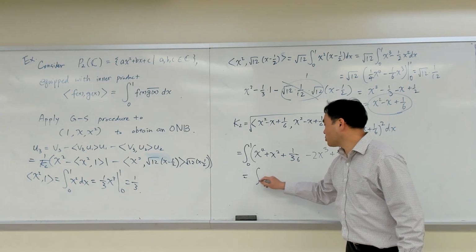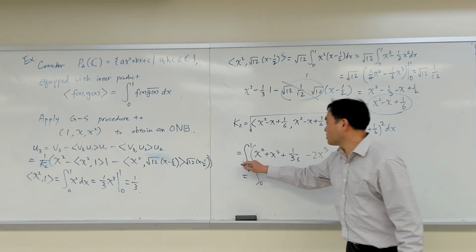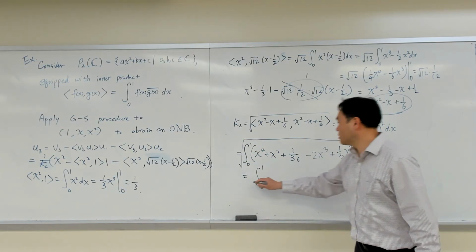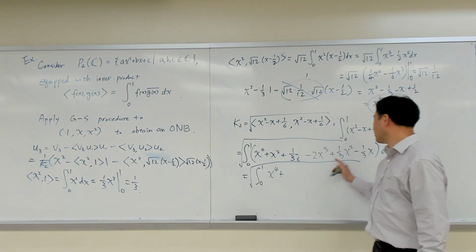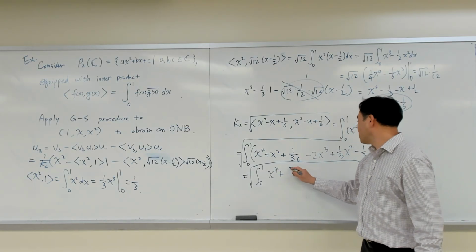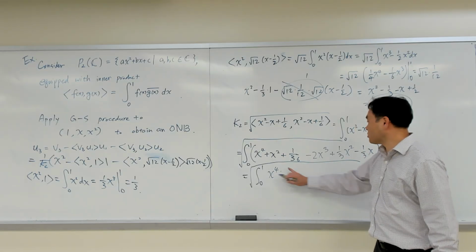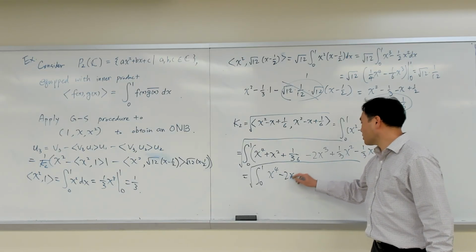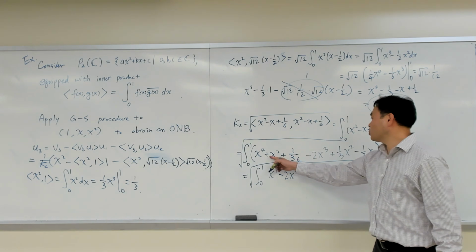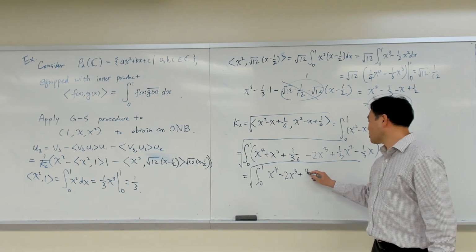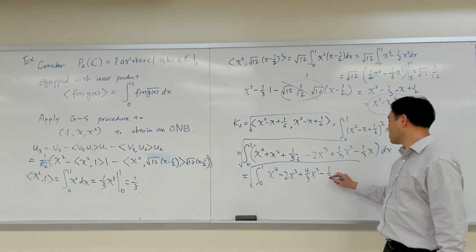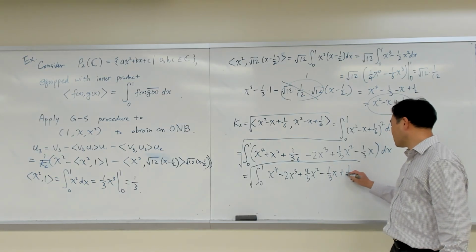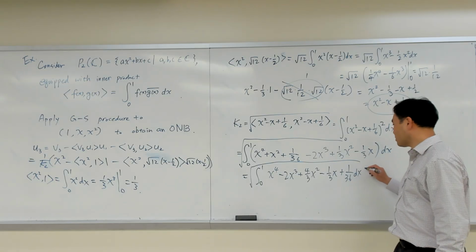And that's 0 to 1. Oh, there's still a square root of x to the 4th, minus 2x cubed, and then 1 plus 1/3 is 4/3 x squared minus 1/3 x plus 1/36 dx.